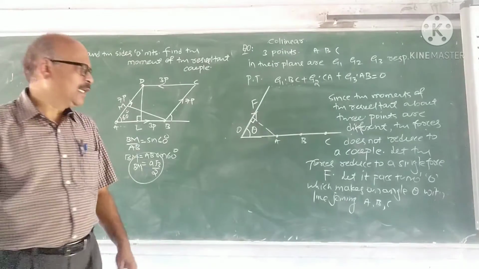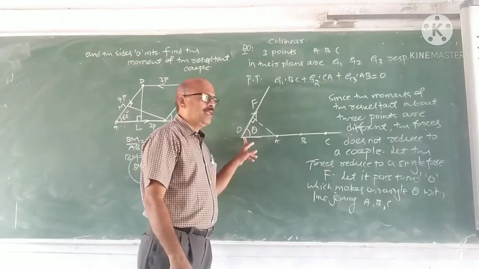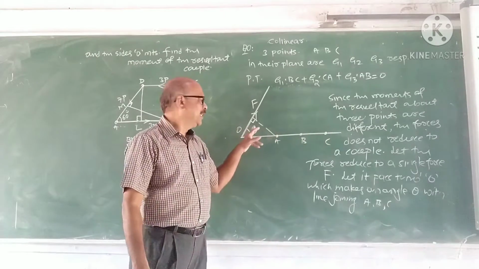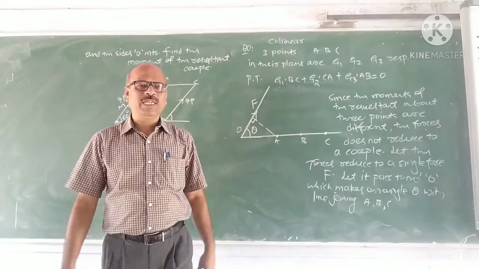The resultant is a single force and it passes through O and makes an angle theta with the line joining ABC. ABC are collinear.